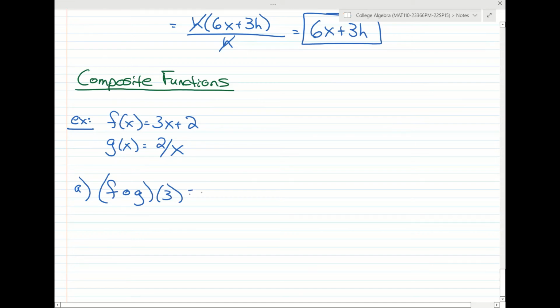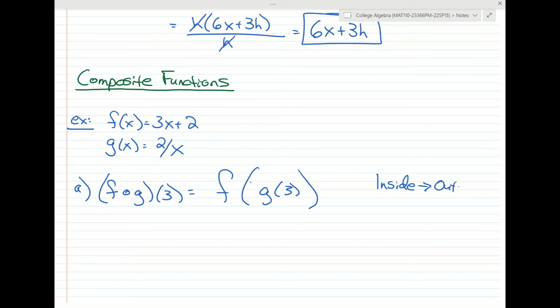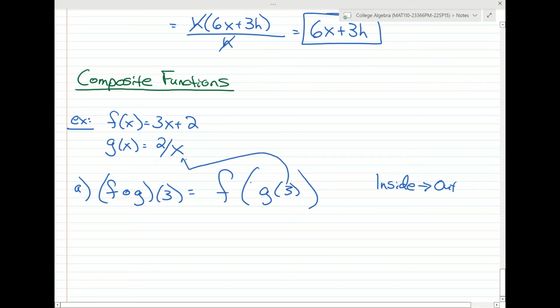What this means is you find g of 3, and then put that answer into f of x. We work from the inside out. G of 3 means we put 3 in for x here, and that's just going to be 2 over 3.